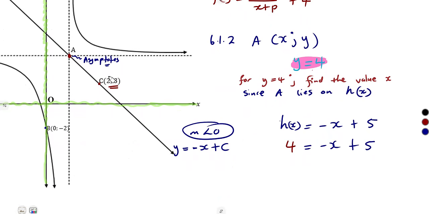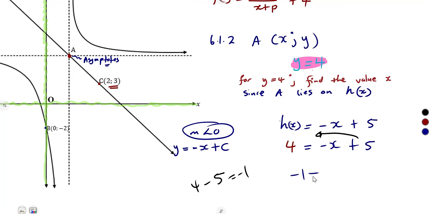So we have got the y value for A. What we do not have is the x value. So it's an equation that we have. Solve for x. This is how these equations can be given. So we can solve. The 5 to the other side is going to give us a negative, so it's going to be 4 minus 5, which is negative 1.